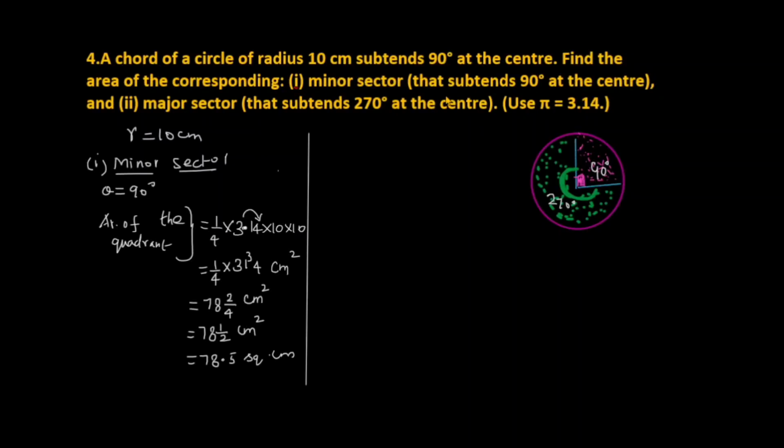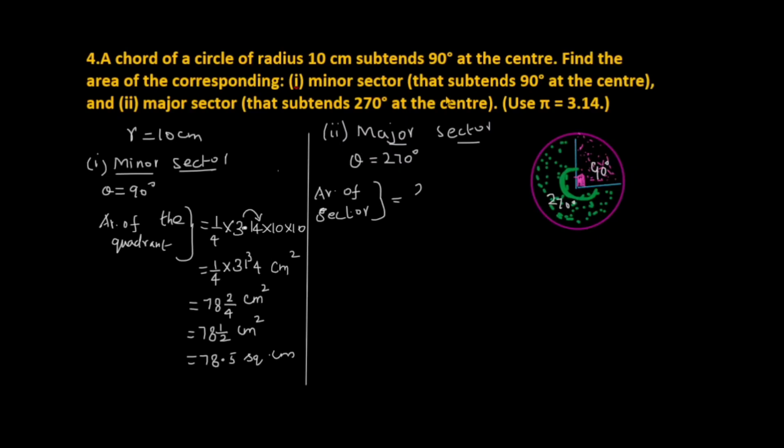Now, second subdivision, major sector. Major sector angle is 270 degree. The same formula, area of sector. Don't use the quadrant formula.